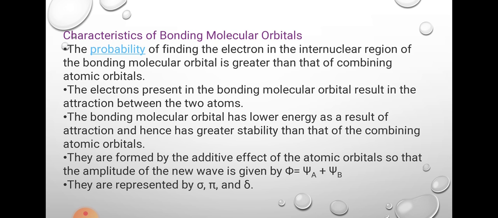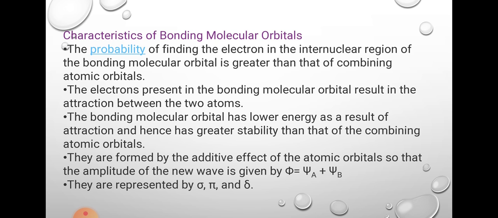So what will be the characteristics of bonding molecular orbitals? The probability of finding the electron in the internuclear region of the bonding molecular orbital is greater than that of the combining atomic orbitals. The electrons present in the bonding molecular orbital result in the attraction between the two atoms.